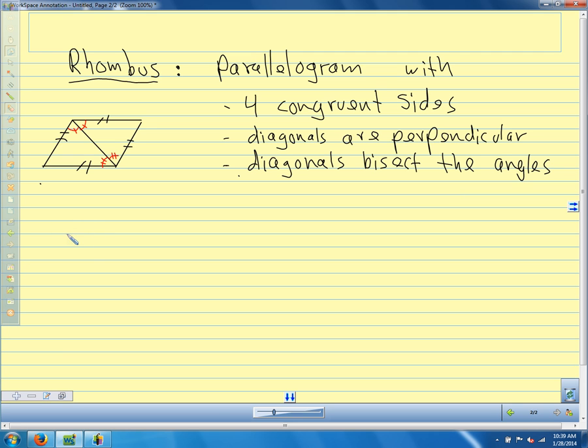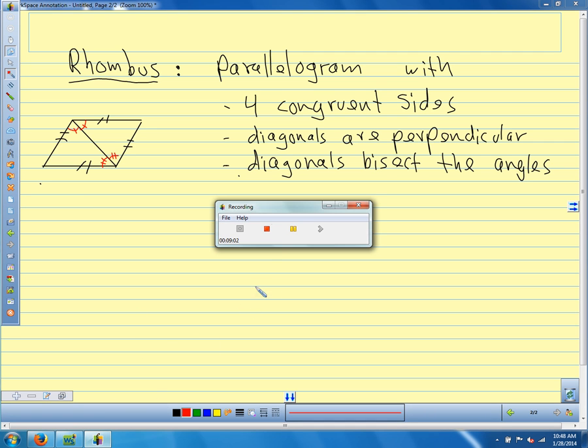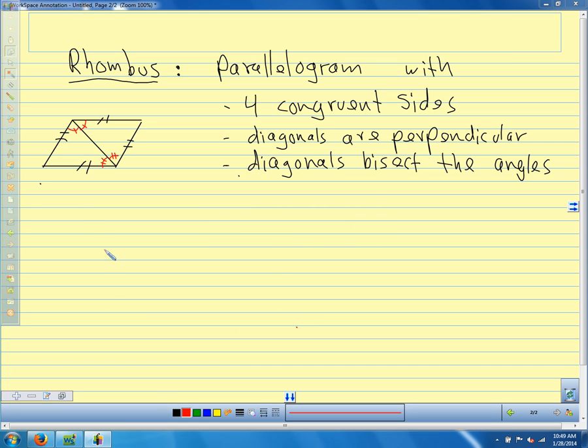All right, let's talk about a rectangle. All right, so rectangles.